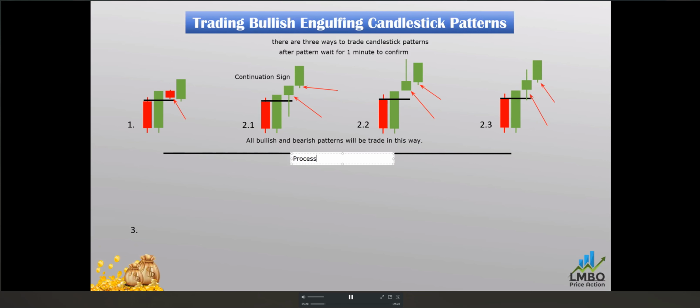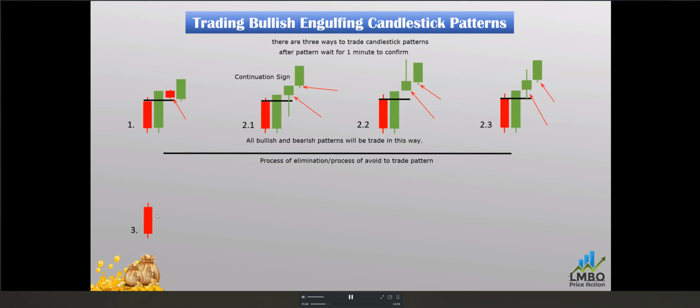The process of elimination, or the process of avoiding trading a pattern. This is the process where we will avoid the trade. In the above, we will trade, but in this lower process, we will never trade.